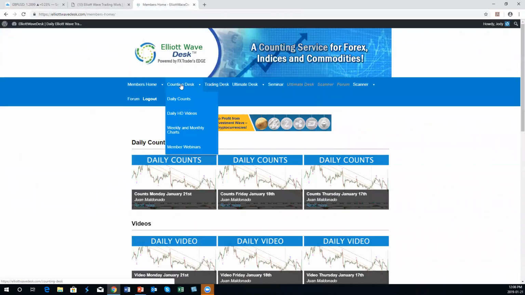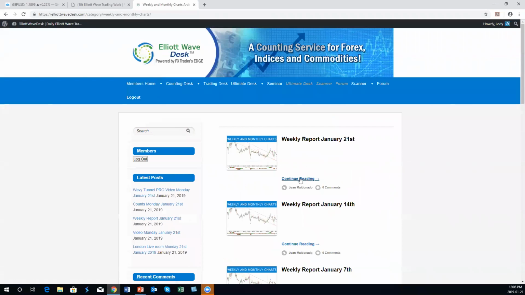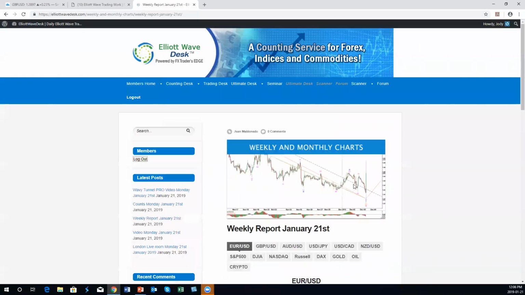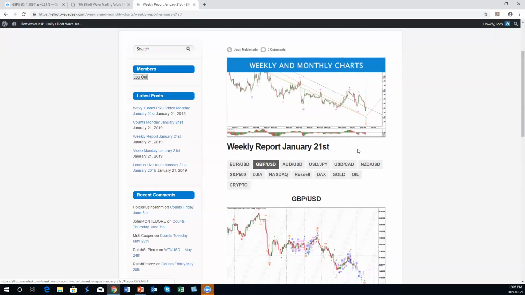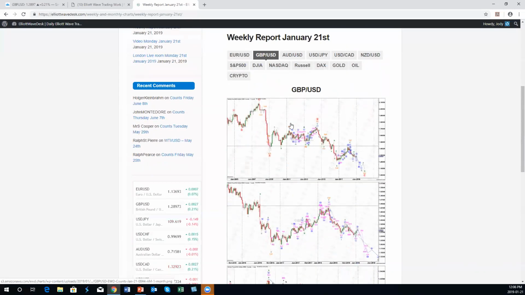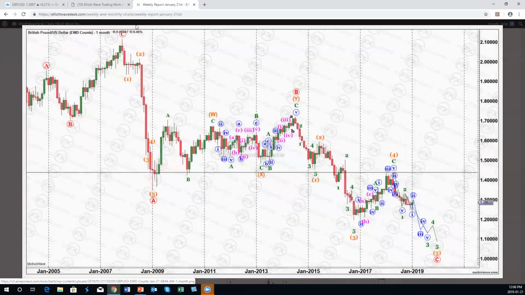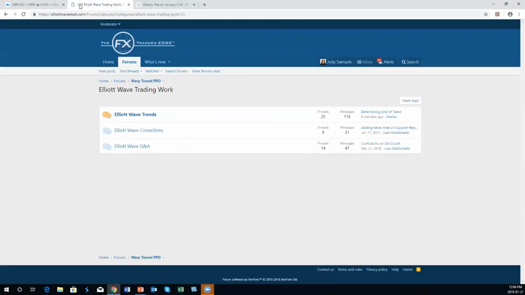We'll go on to the Elliott Wave desk, to weekly and monthly charts, and then we're going to click on continue reading, go to the pound. And yes, so he would have started this as an A, B, C. Let's see where he would have started this, January 2005. So let's go back to the long-term charts.